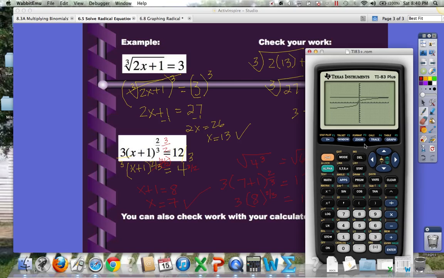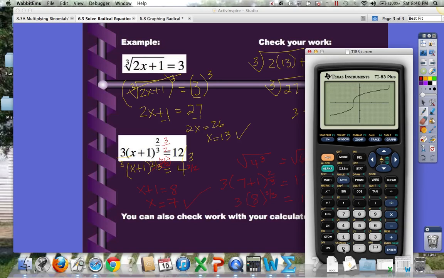Alright, let me zoom in a little bit. I think it'll be easier for you to see. Maybe not. Let's see, zoom.